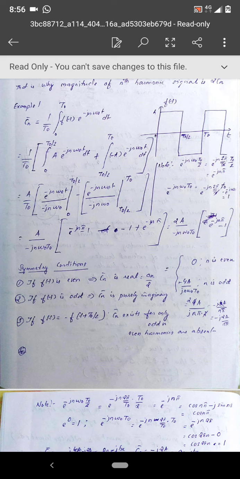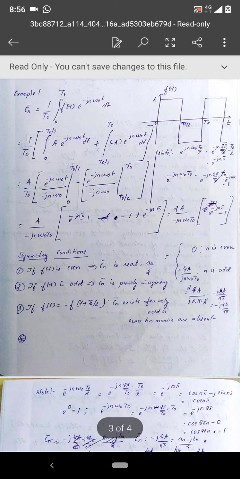Then if you apply t naught by 2, that is also e raised to minus j n pi. If you combine, it becomes 2 e raised to minus j n pi minus 2. I can take 2 outside, so that becomes 2 a by minus j n omega naught t naught, and what is inside the bracket is e raised to minus j n pi minus 1.